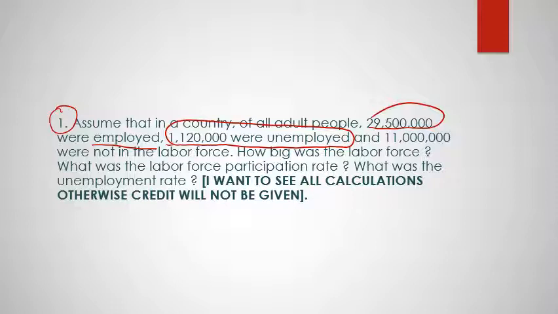So this will obviously constitute the labor force. And then there are 11 million people who are not in the labor force. And we're to assume that they are all adults, as the question indicates.